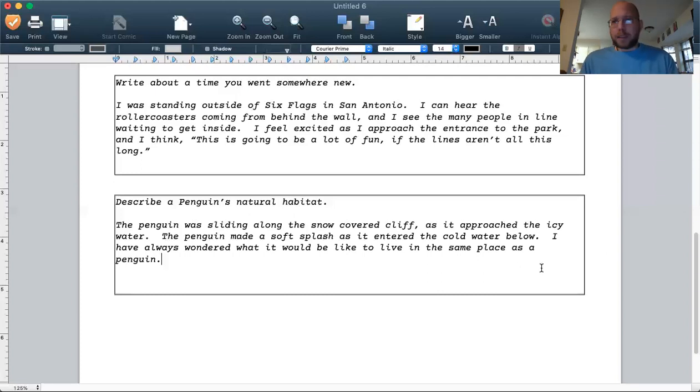Now, obviously, just like everything, our writing is not complete. I haven't really talked about a penguin's habitat. I've given it a little bit of a clue, but I can now go in and describe it using expository writing. This just gets the reader interested in it. I also can change the word place to habitat. That's what we're talking about.